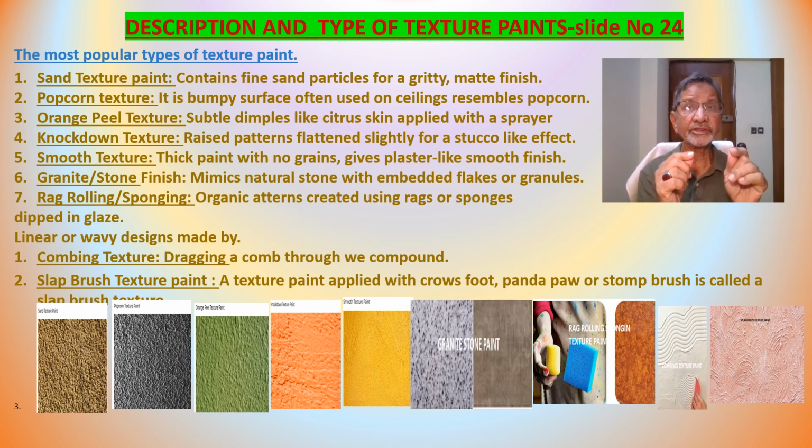Combing texture paint is also there. Slab brush texture paint is also there. All these descriptions are there briefly in this slide. You can go through my slide and the pictures at the bottom of the slide.